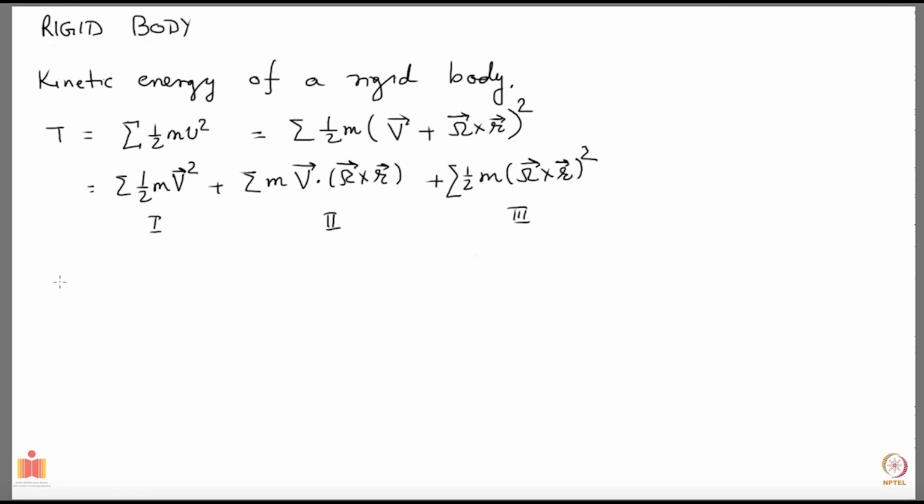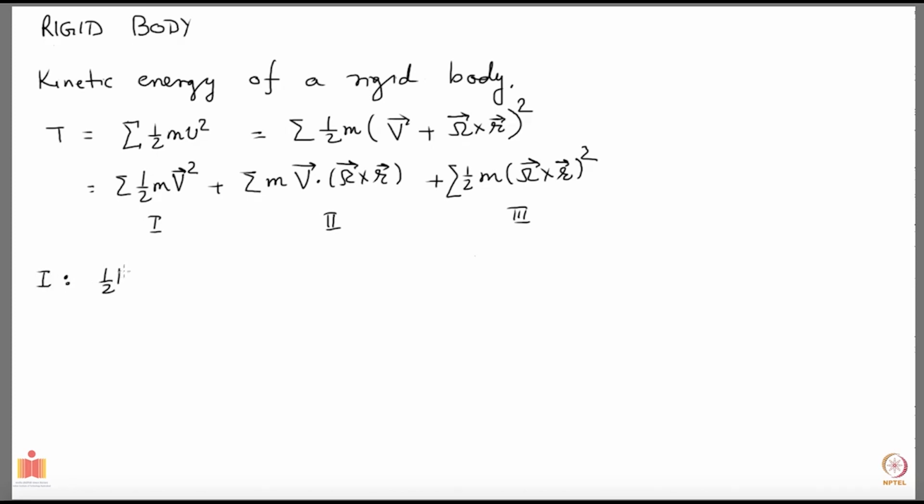Let's look at the first term. You see, the capital V can come out of the summation because that does not carry any label telling which point it is in the rigid body. So this is a constant which will come out, and the summation over m would become the total mass. So your first term becomes half.